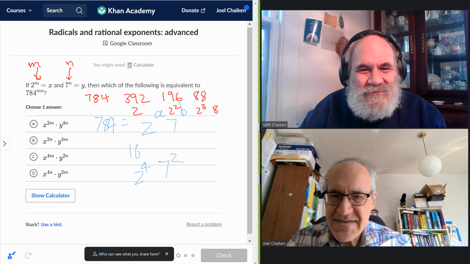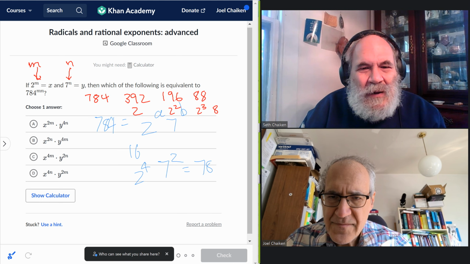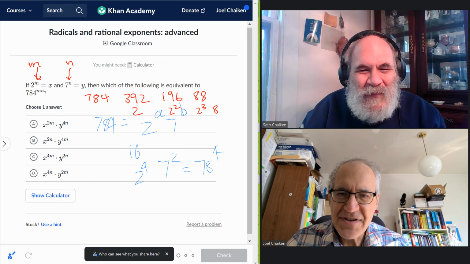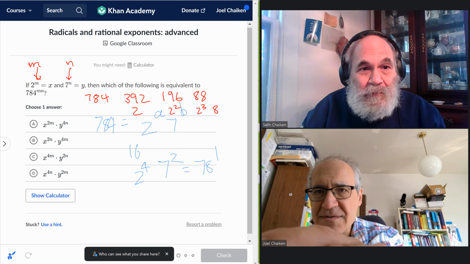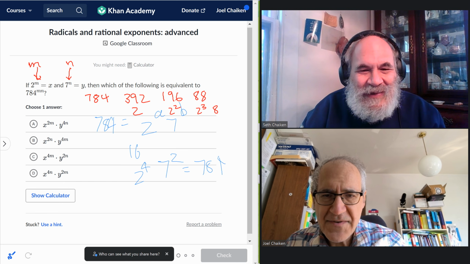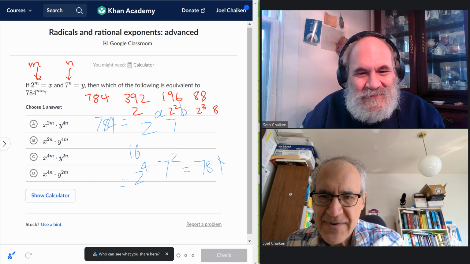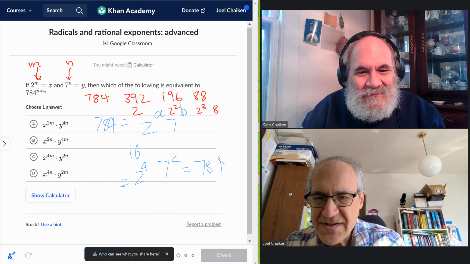So we've broken 784 into its prime factors. Now we match this, and we substitute 2 to the m to the 4th power.